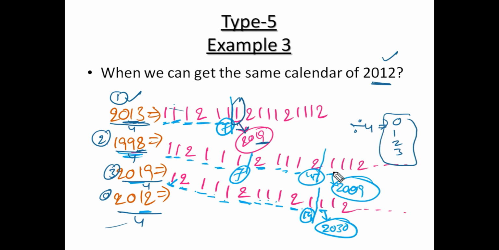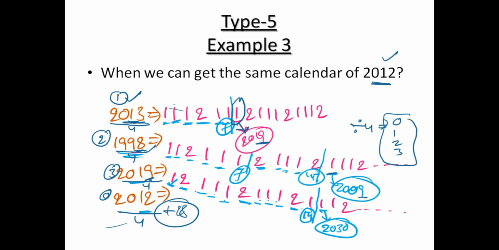So every time our answer will be at this location only. 1998 became 2009. How much is added? 11 is added. Directly by adding 11 we'll get the answer. So 2019 became 2030. 11 is added. Directly add 11. And 2012 is a leap year. Simply add 28 and we will get the answer.